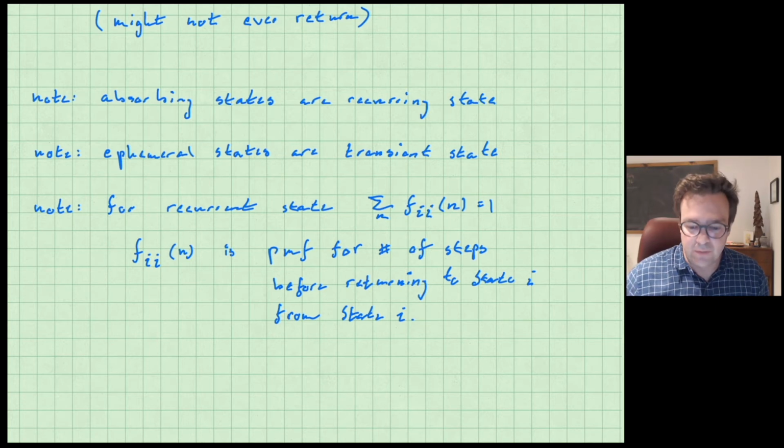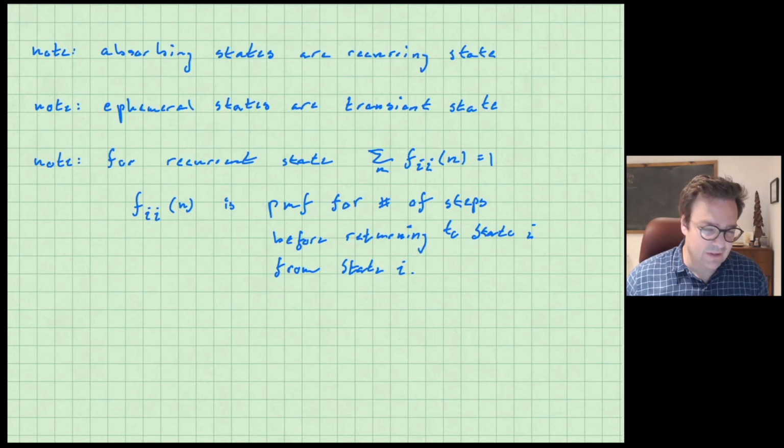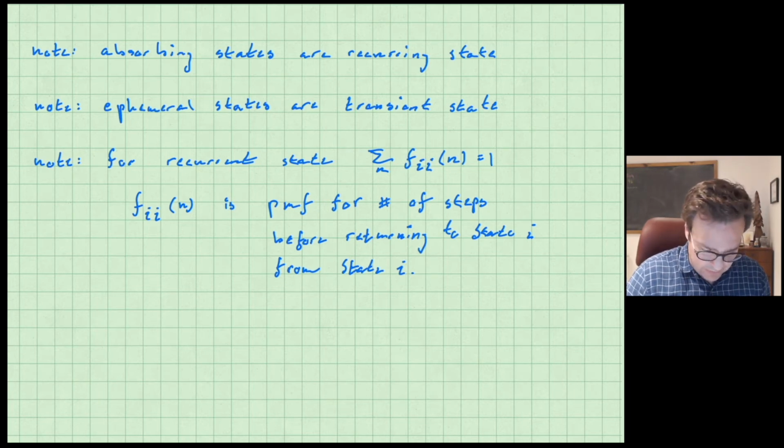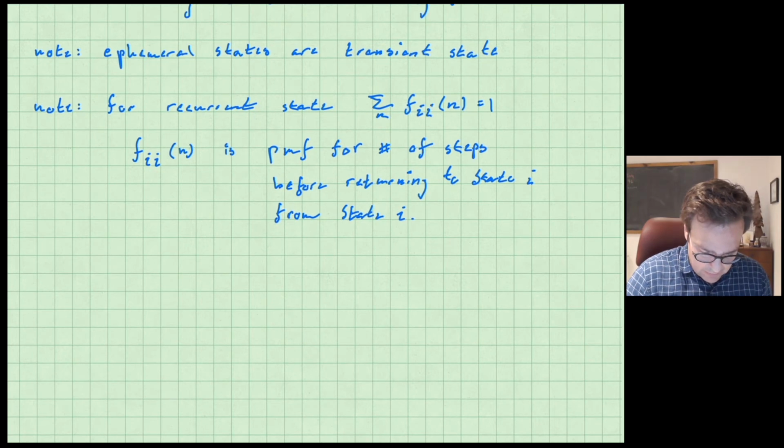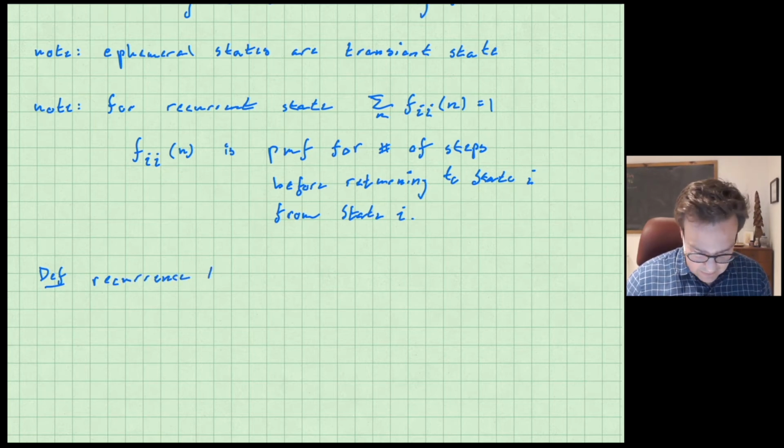Since it's a probability mass function, we can do things like define an expected value. And so we're going to name the following thing. We're going to define the recurrence time. This is going to be the expected time until first return.